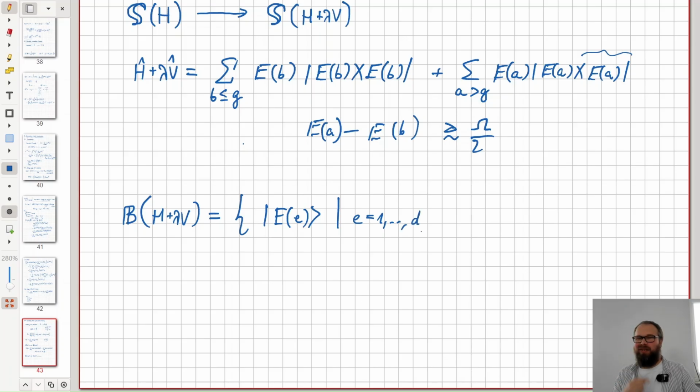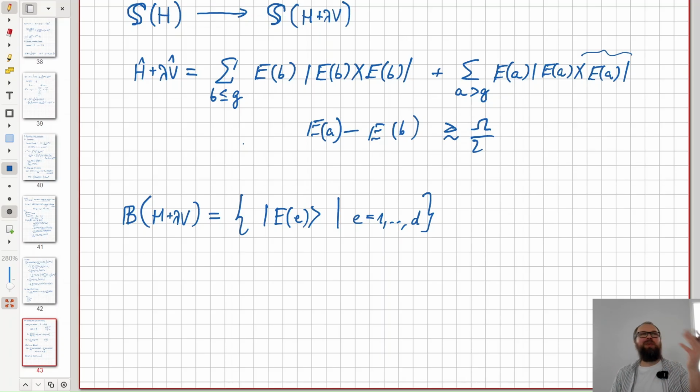And each orthonormal basis is connected to any other orthonormal basis through some unitary transformation, right? You can always switch bases with some unitary transformation.